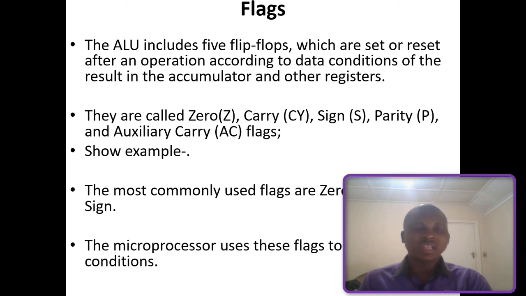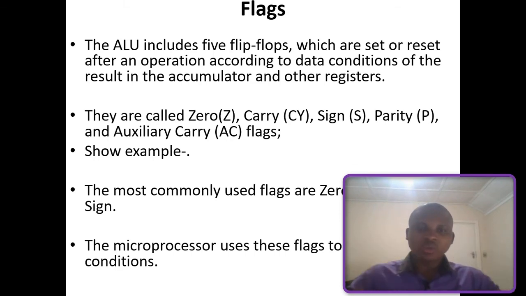The carry flag: we already told you that the accumulator is an 8-bit data register. So if we have a result with more than 8 bits, more than 8 sequence of zeros and ones, the carry flag is going to be set to 1, because we have got a carry.